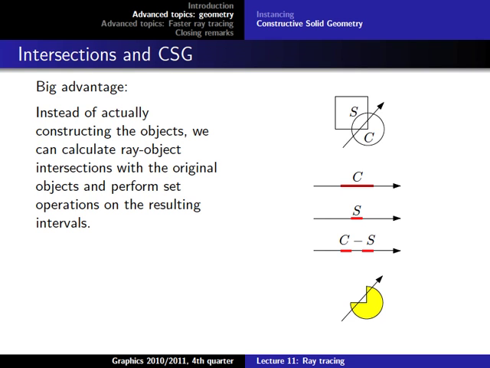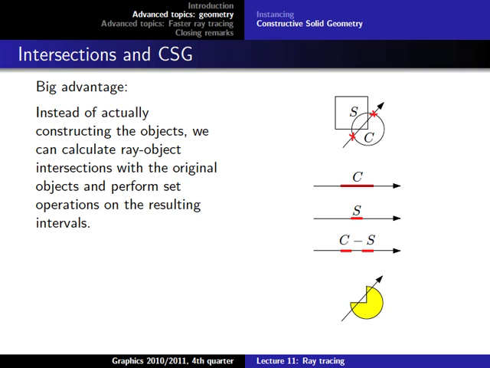And the trick is that we can apply the set operations that we apply on the objects in the same way on the intervals, and that gives us the correct intersections for this transformed object. So let's look at an example here. This is the point where I would really like to have different colors. We have the intersection with a circle that starts here and ends here.